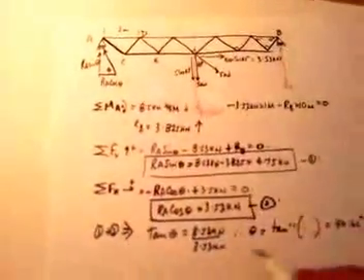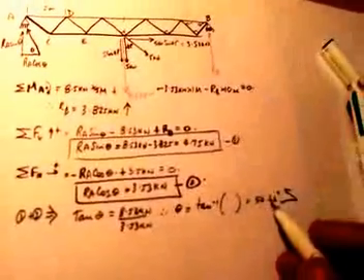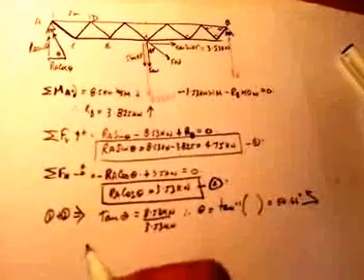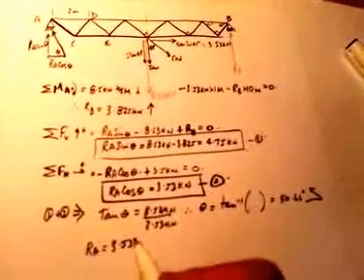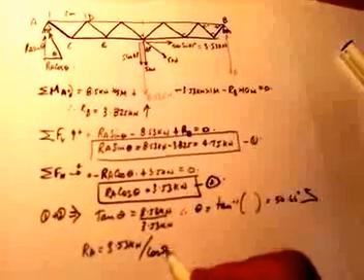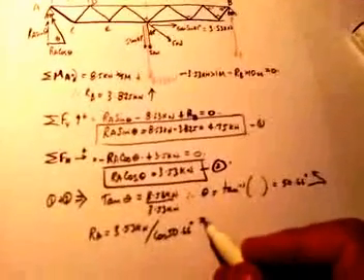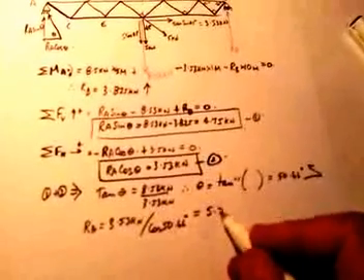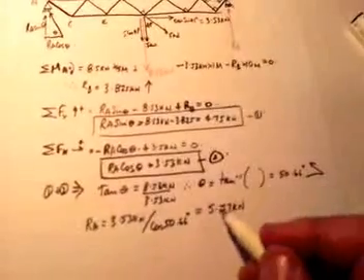Now at A we need to work out the reaction itself. So plugging this angle back into equation 2, we're going to get that RA equals 3.53 kilonewtons, all divided by cos of 50.66 degrees, which equals, not really doing it in my head, but I've worked it out already, 5.57 kilonewtons.